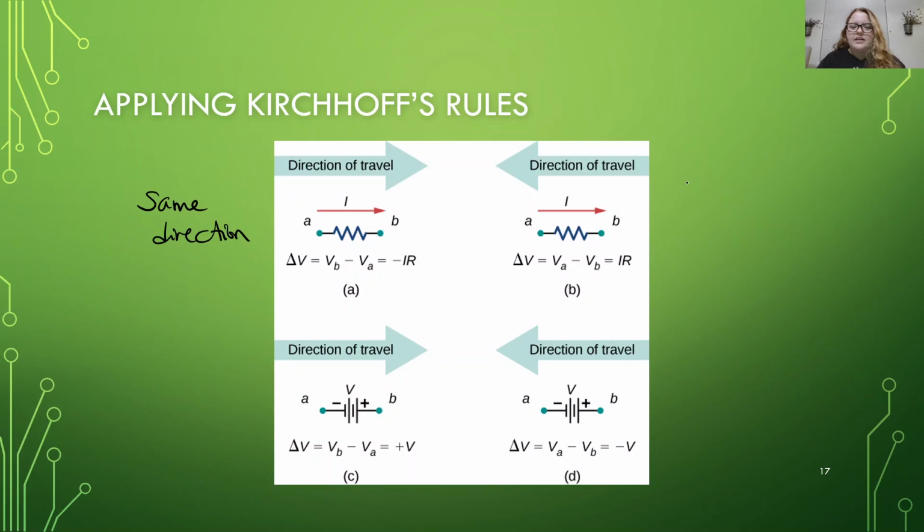When we have an opposite direction of travel, we will have the exact opposite. So in this case, we have direction of travel being in the negative x direction, but the current traveling in the positive x direction. We will have a difference in voltage of positive IR.